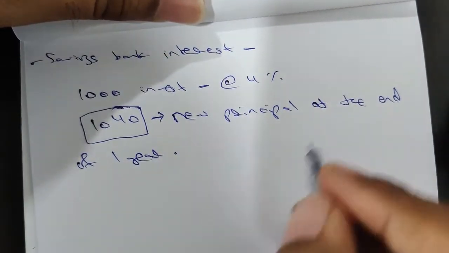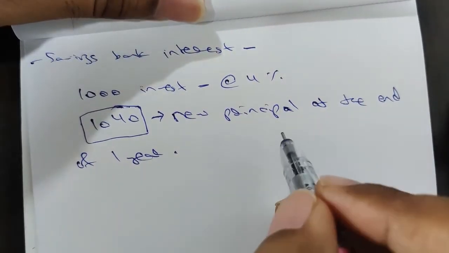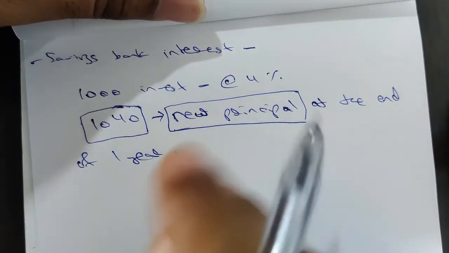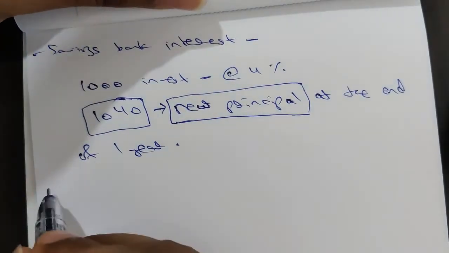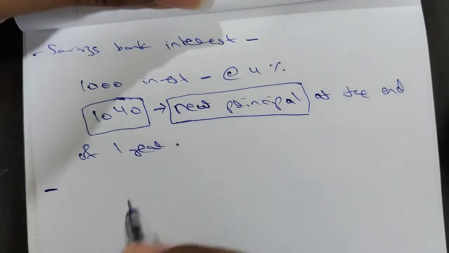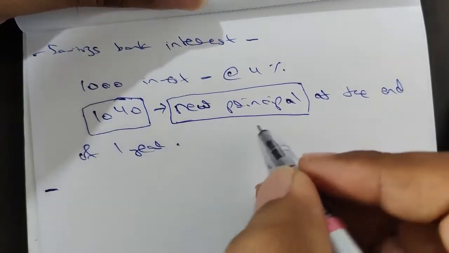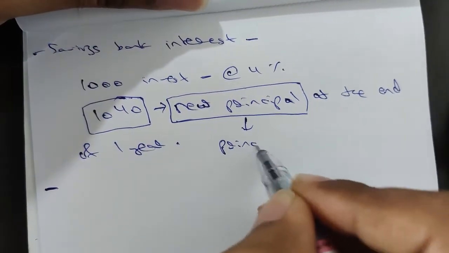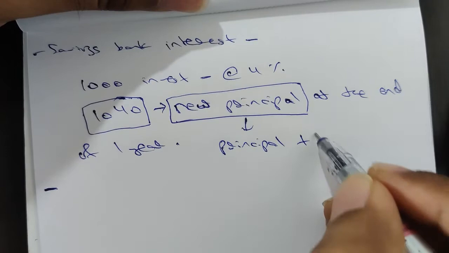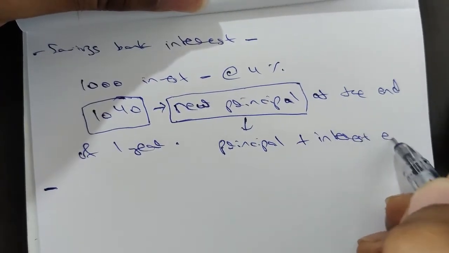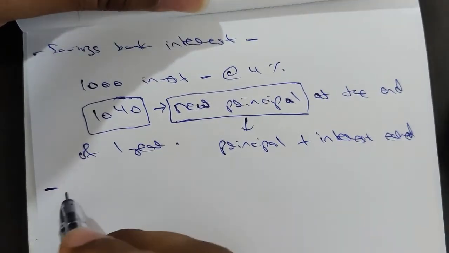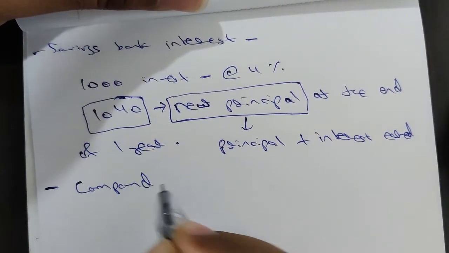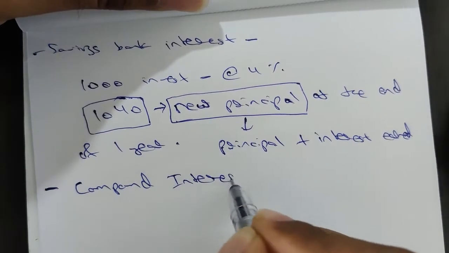We like to give many terms to many things. Since this is a new principal, what does it contain? It contains your original principal plus your interest earned. That's how we come to the concept of compound interest.